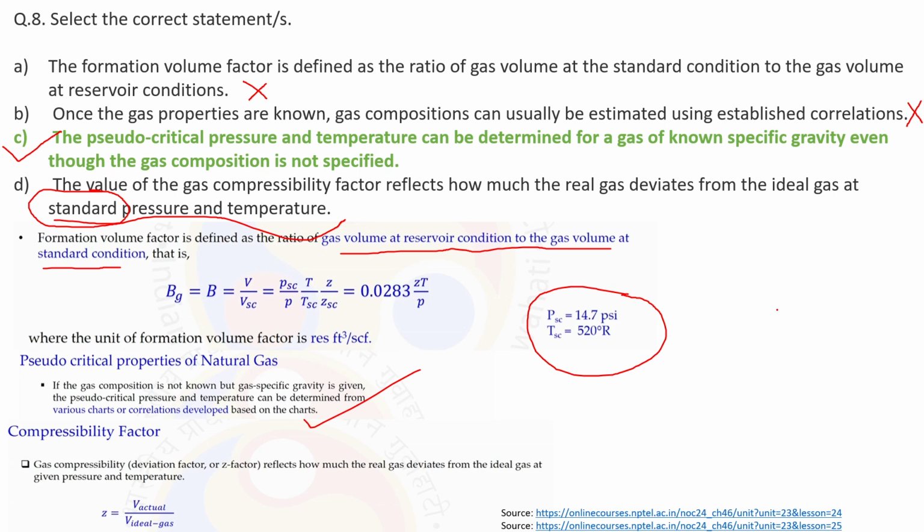These terms are used to find other properties like viscosity and compressibility. All those properties can be found using these values. So they are like nominal values, and from that we are getting other properties.